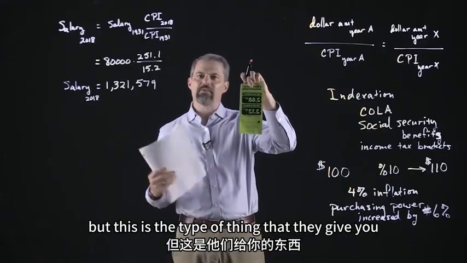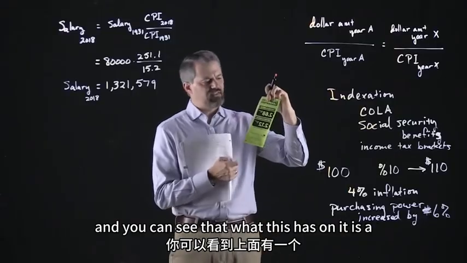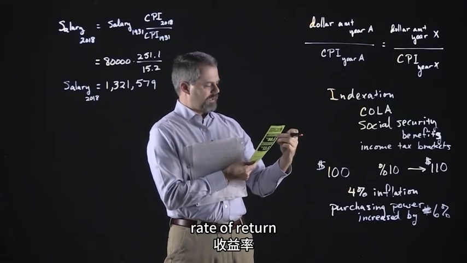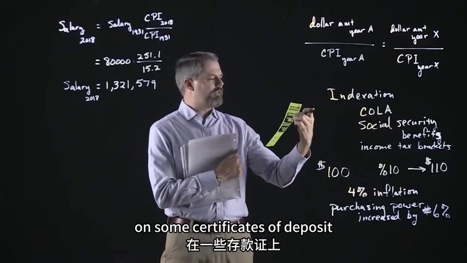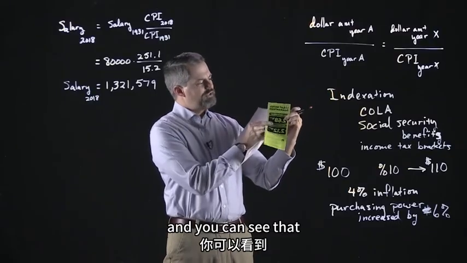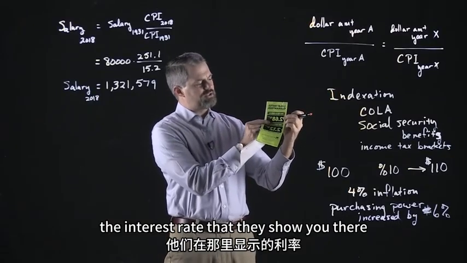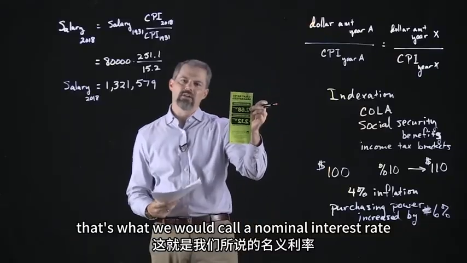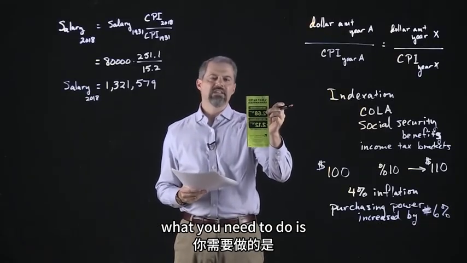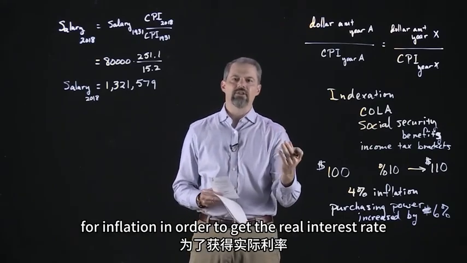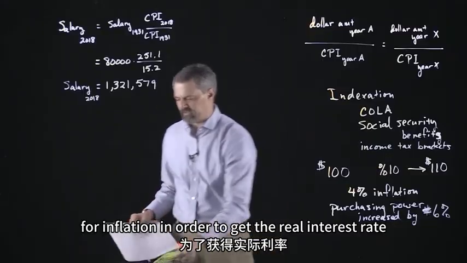But this is the type of thing that they give you, and you can see that what this has on it is a rate of return that you can earn on some certificates of deposit at that bank. The interest rate that they show you there is 2.68%. That's what we would call a nominal interest rate. What you need to do is adjust that nominal interest rate for inflation in order to get the real interest rate.